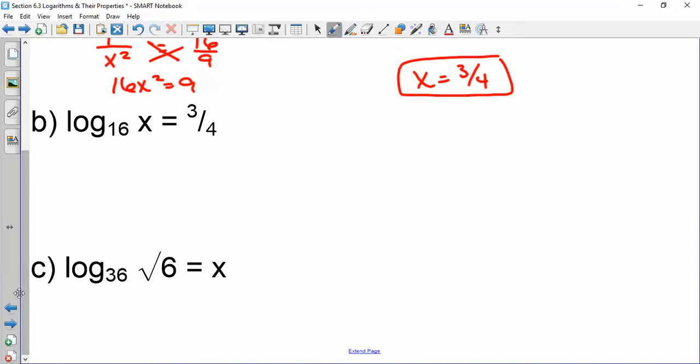B. Log base 16 of x equals 3/4. So what would that look like as an exponential?